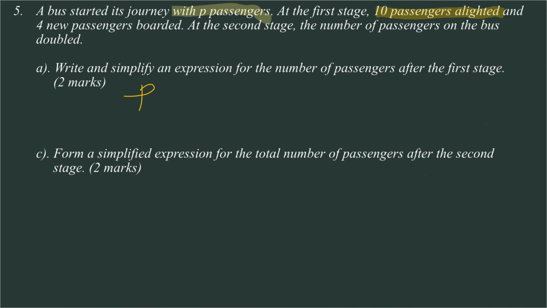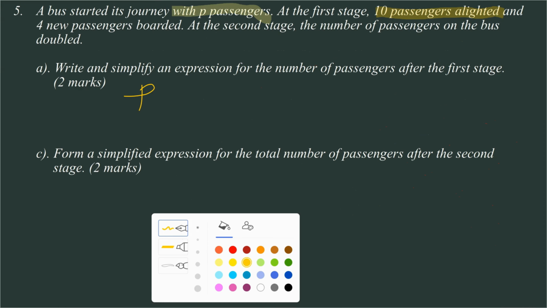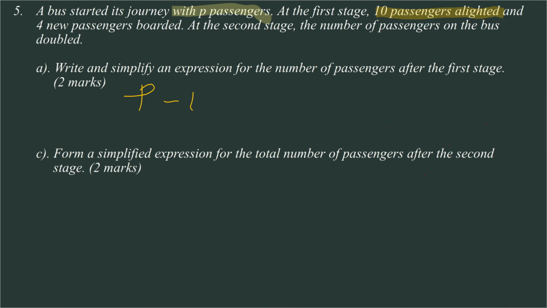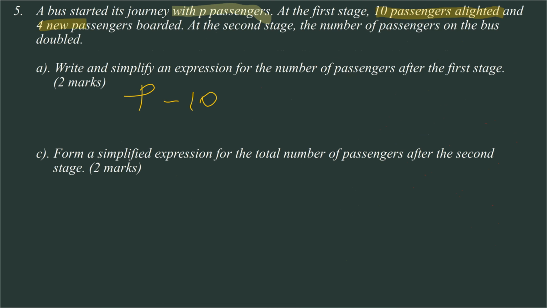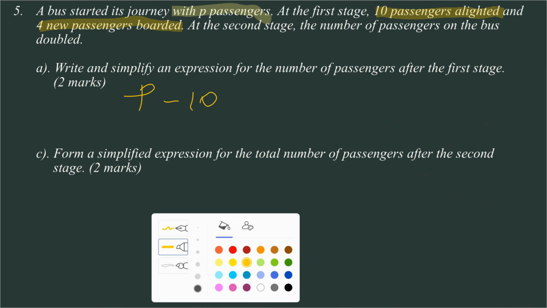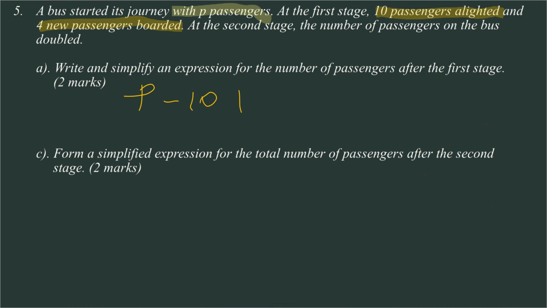When they alighted, we subtract those that have alighted, and then 4 new passengers boarded. Those who boarded, we add them, so we add 4. That's the expression. Now let's simplify: B minus 10 plus 4 is negative 6. So B minus 6 is the simplified one.